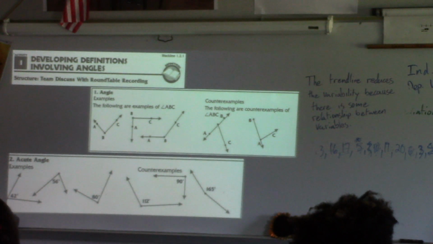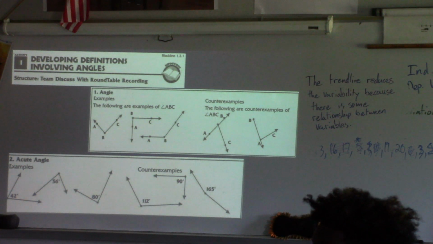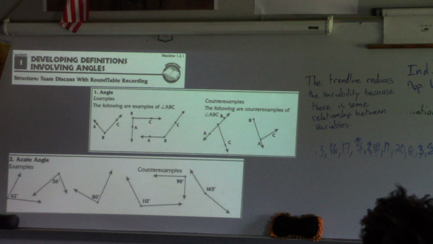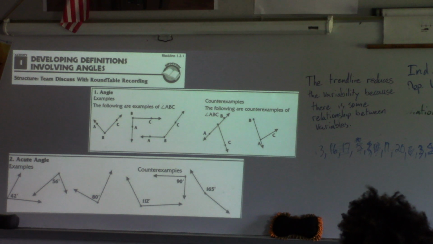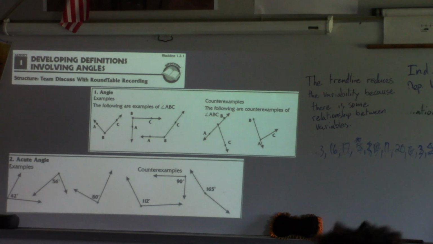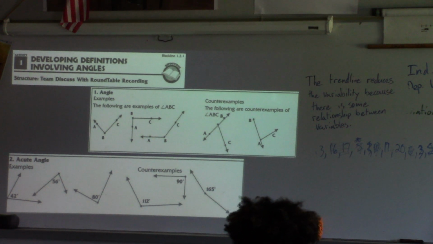The 2 on the right. You've got to have one vertex. And that's not a vertex. So the 2 on the right, well, it has one, but it's a double.